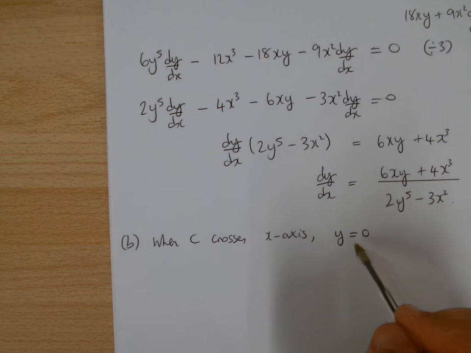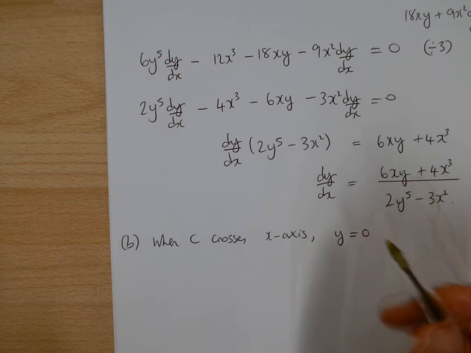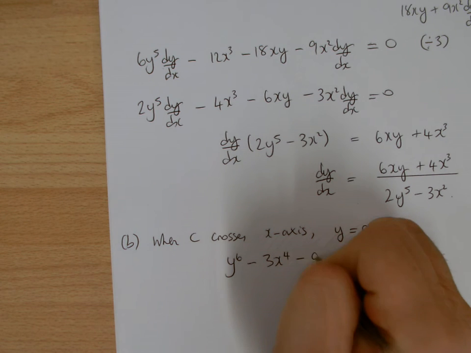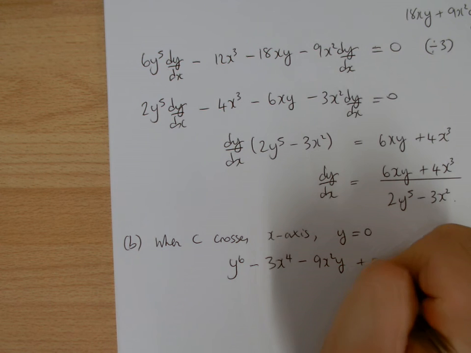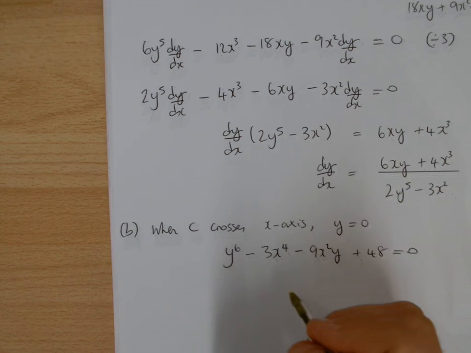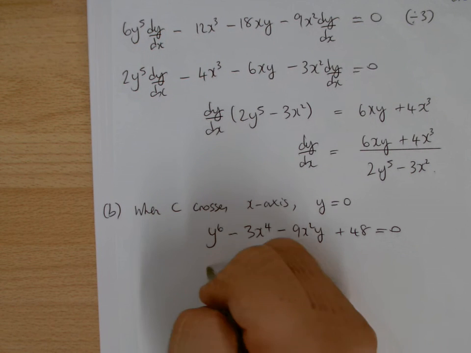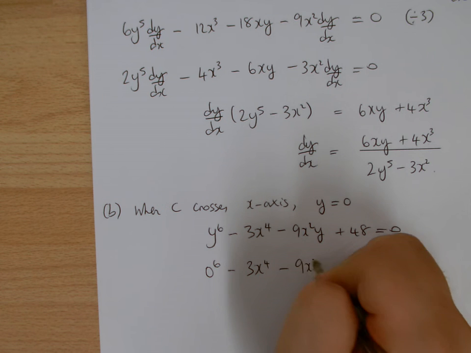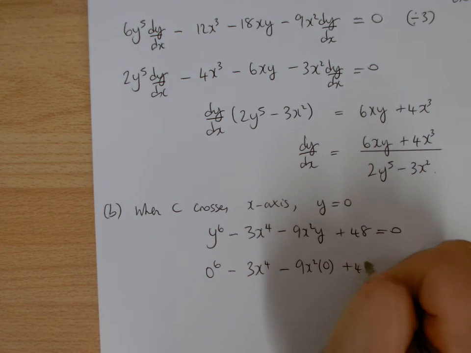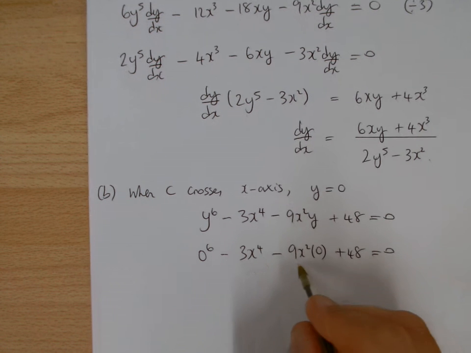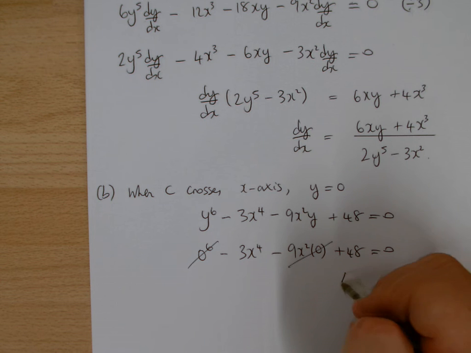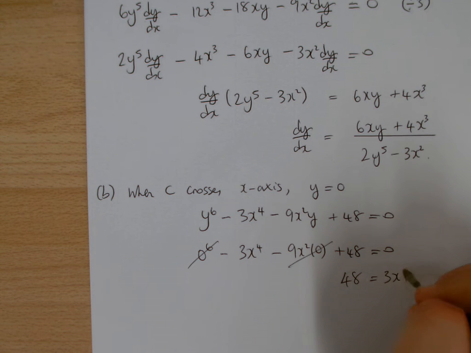So what is the x value when y is 0? Well, what's good is we've got the equation of the curve given to us, and we can work with that. When y is 0, the y terms become 0, plus 48 equals 0. This will vanish because it's multiplied by 0, and then we take that over, so you have 48 equals 3x to the power 4.